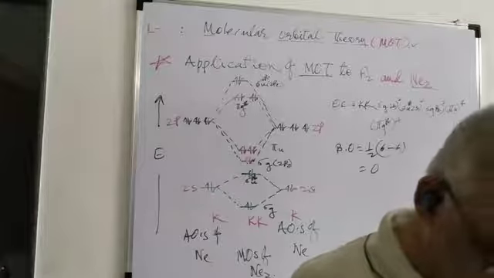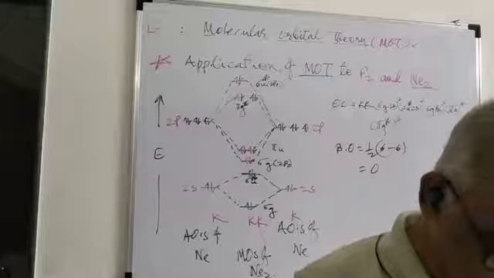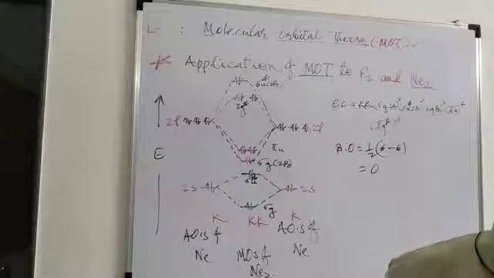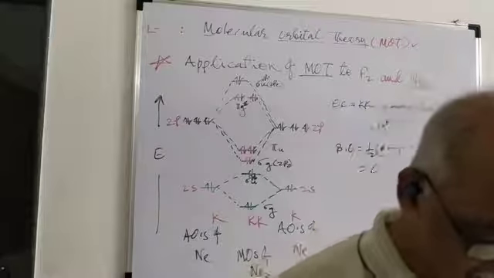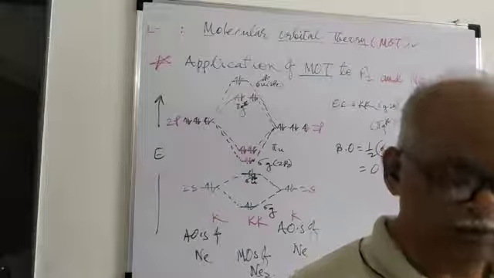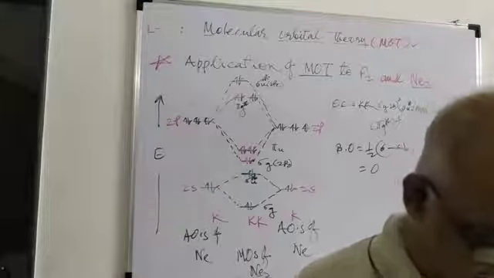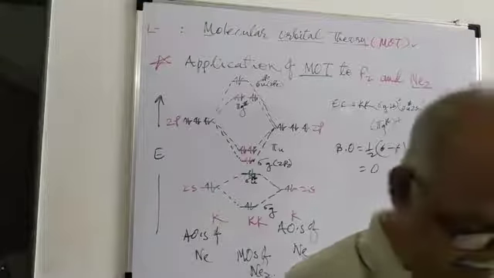The Ne2 molecule may show some existence as a transient species, means for a very short period of time, but normally it is not present as an Ne2 molecule.